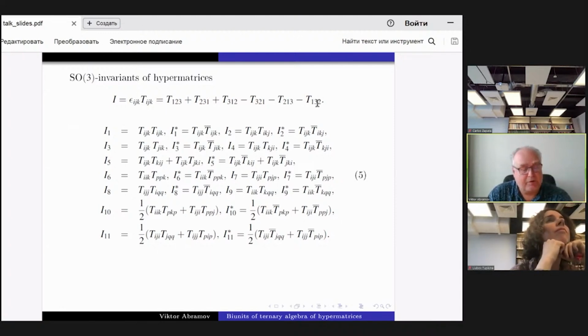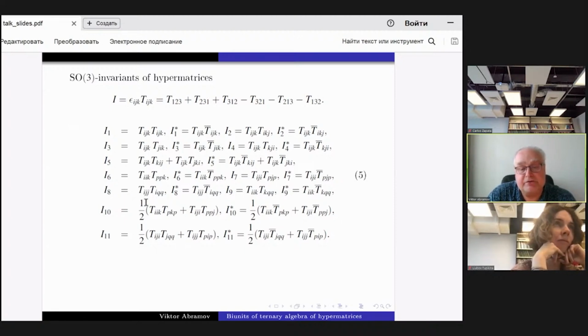But in the case of the q-cyclic traceless hypermatrix, it doesn't give anything, it vanishes, because this equals 0 and this equals 0. So now the table of quadratic invariants. So here you can see that this is complete table of quadratic invariants, and starting from 8, I have only zeros, because in each product I have a trace.